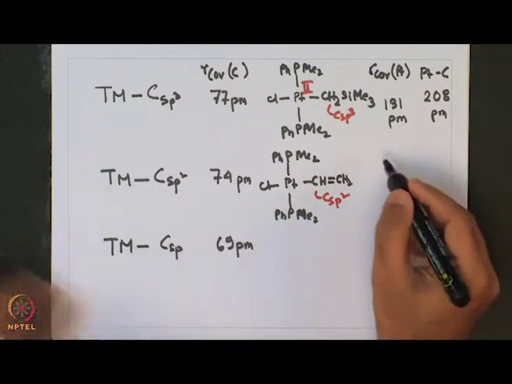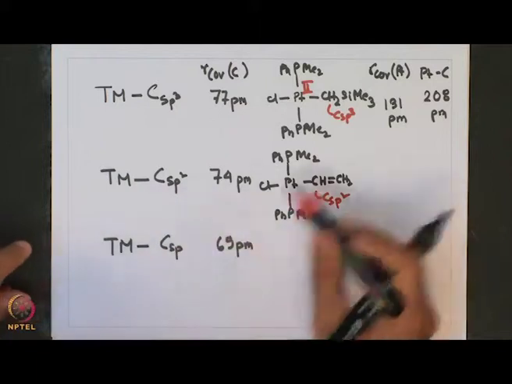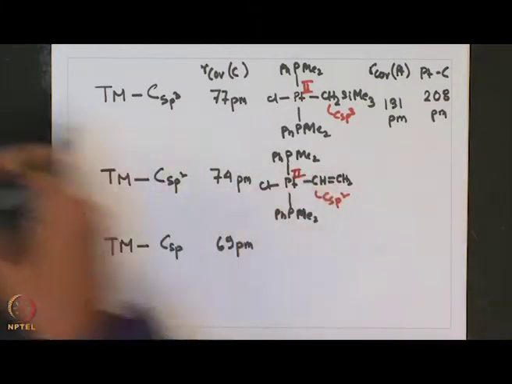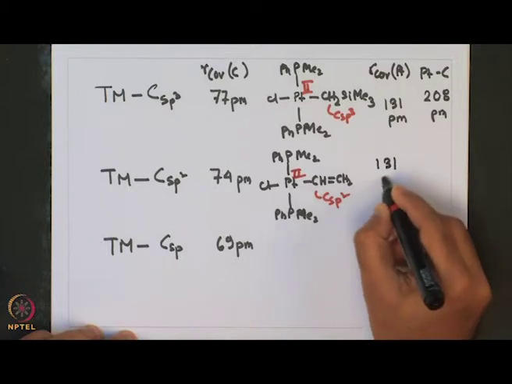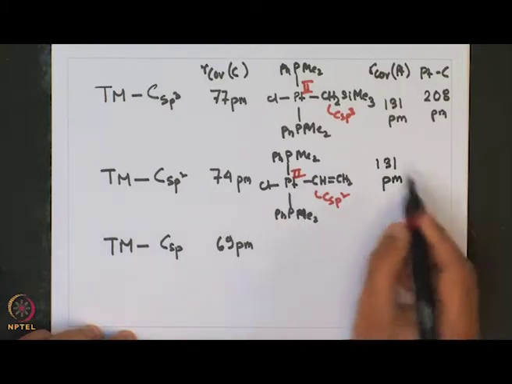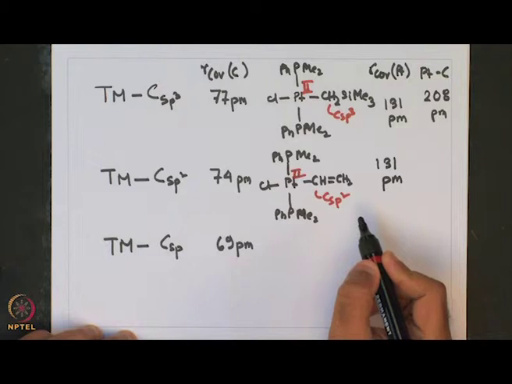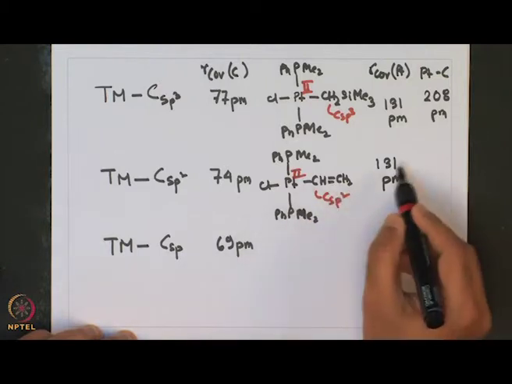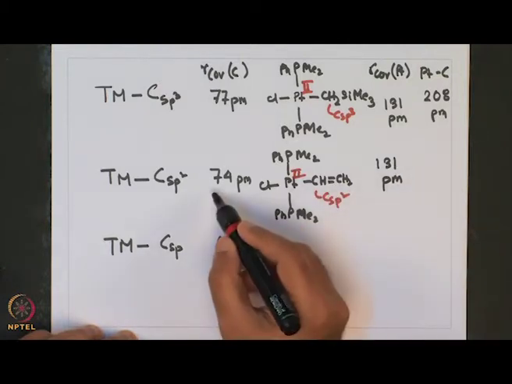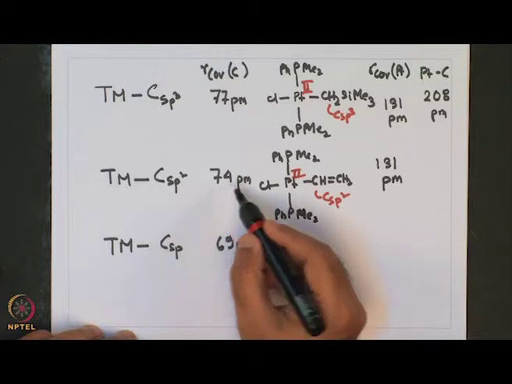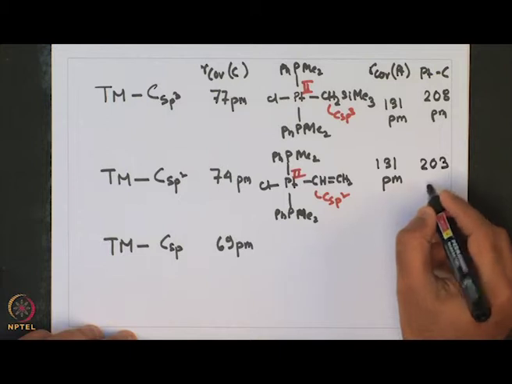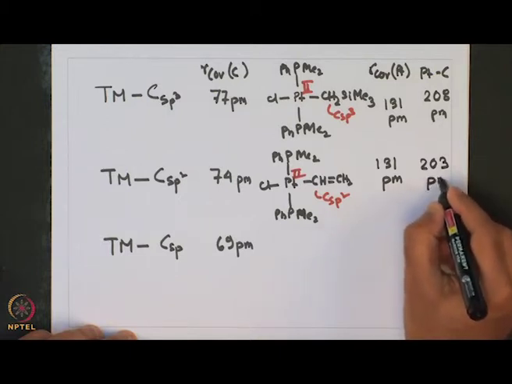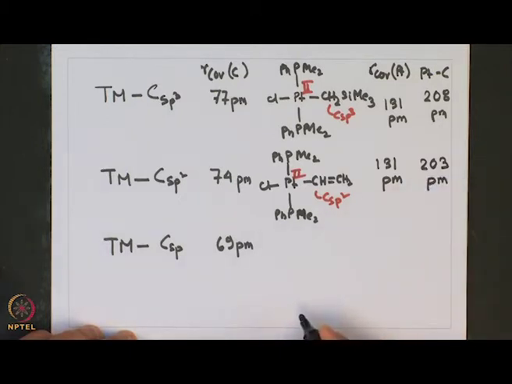The platinum radius, this being platinum(II), would remain the same at 131 picometer. So, that would predict this platinum carbon bond to be 131 plus 74 picometer, and the observed bond distance is found to be very close, 203 picometer.